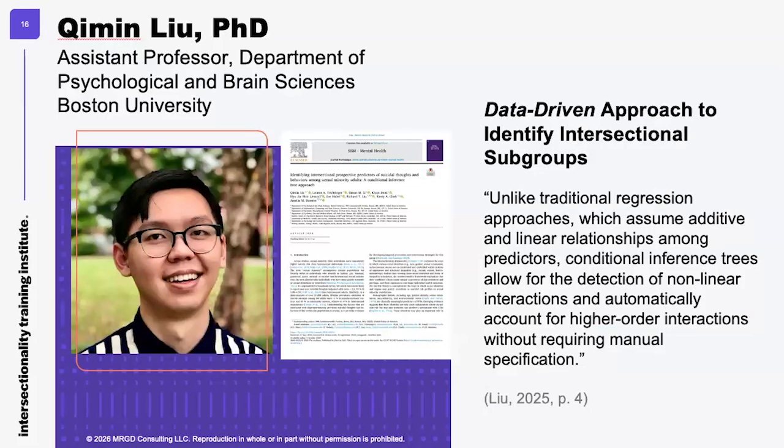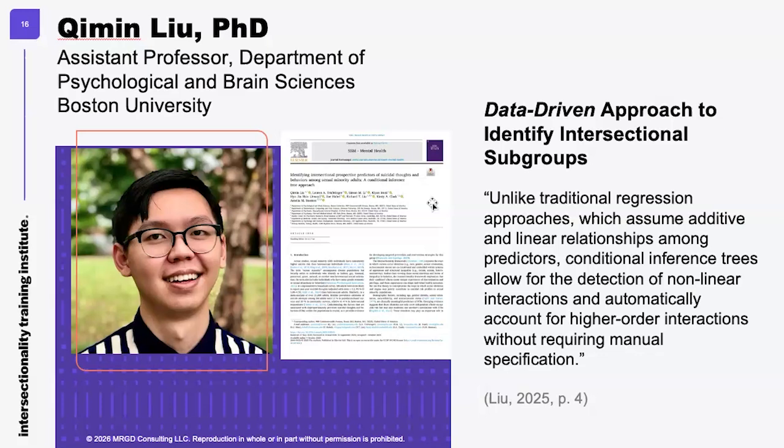Okay. So, Liu uses this data-driven approach to identify intersectional subgroups. This is a beautiful paper. And basically, in this paper, I don't think you can see it very well here, but Liu uses the C-tree approach. And the C-tree approach I talked briefly about in the last section, but it's a really good approach that you can use when you're trying to understand what the most important social categories are for some kind of outcome.